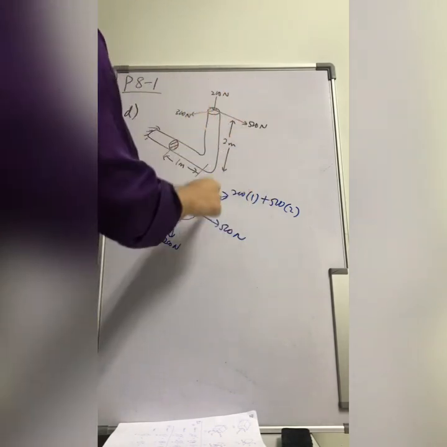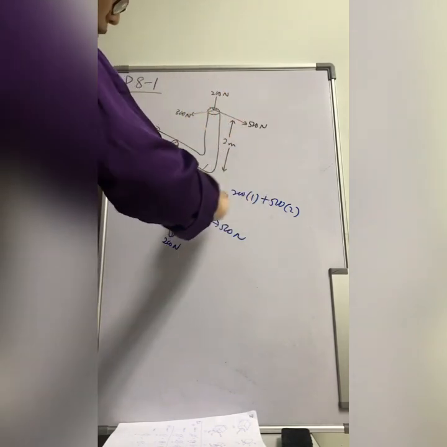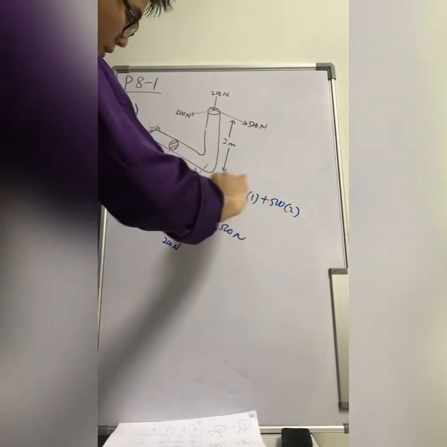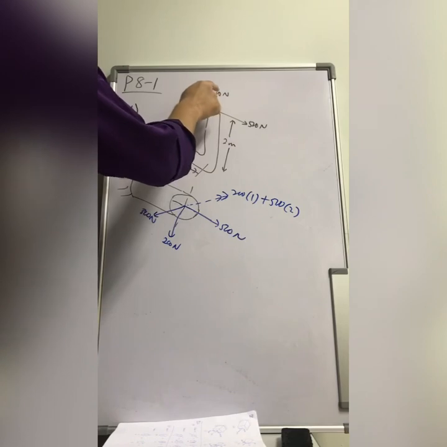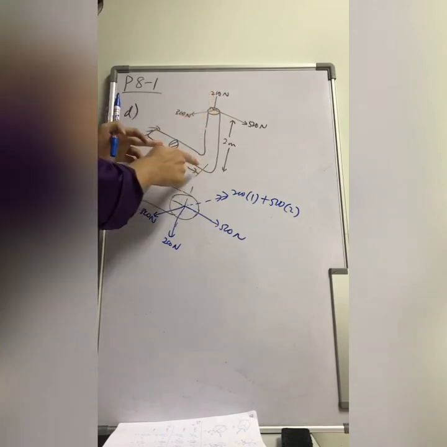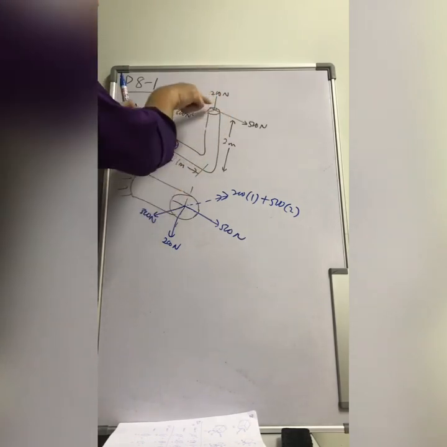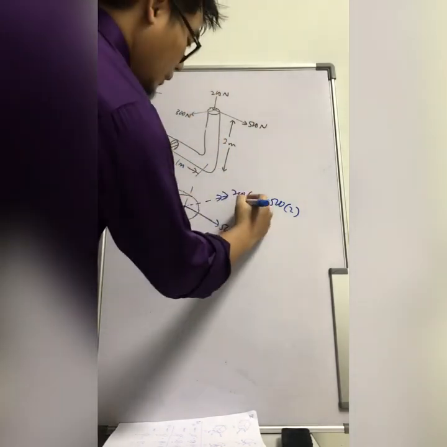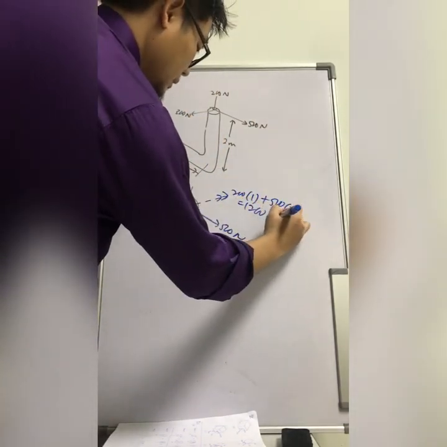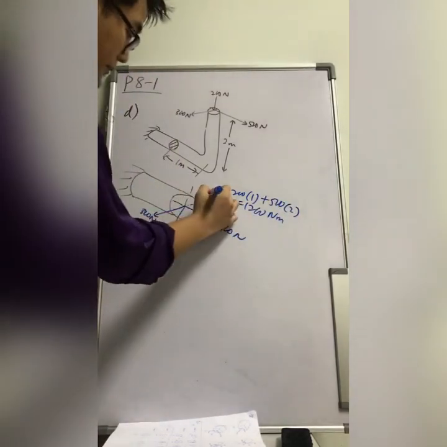So this moment about this axis, it is contributed by these two moments. One is this force, 200 Newton with 1 meter length, and one is 500 Newton with 2 meter length. Right? So this one you have 1200 Newton meter bending moment.